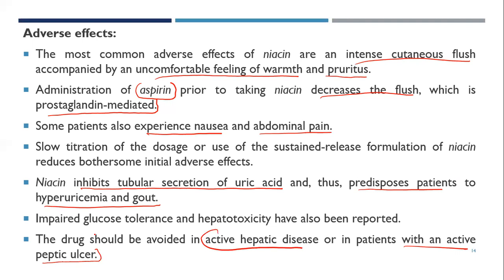Okay, so as they are metabolized in the liver, they shouldn't be used in the hepatic disease, because in hepatic disease the capability or capacity of the liver to metabolize any substances or any chemicals is reduced. That's why we should avoid this drug in the hepatic disorder.